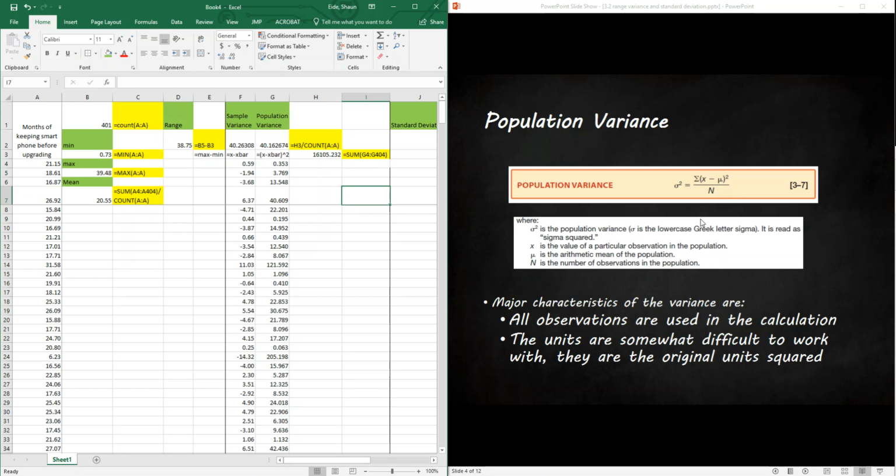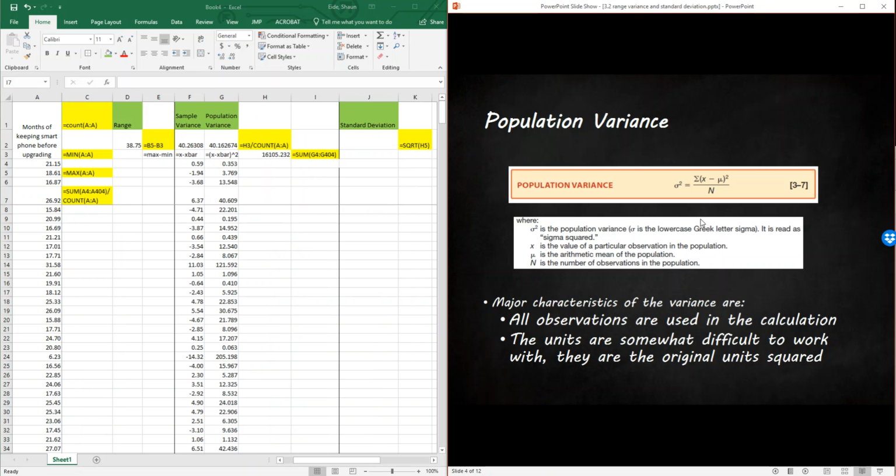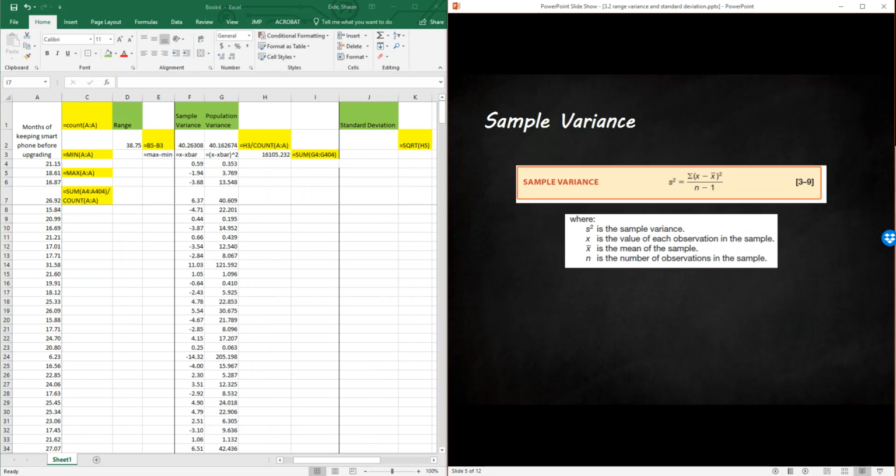And so you're summing that, and then you're dividing it by the total number of observations in the population. Okay? And then the sample variance, like I said, is almost the exact same thing, but it's the number of observations in the sample minus 1, which allows us to be more conservative in our interpretation and just provides for more reliability.